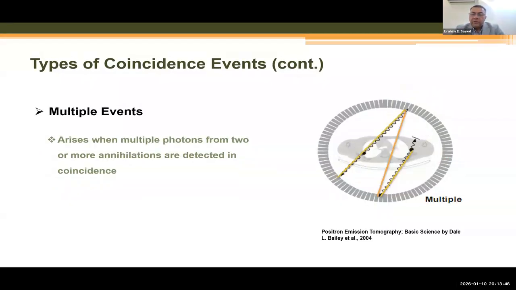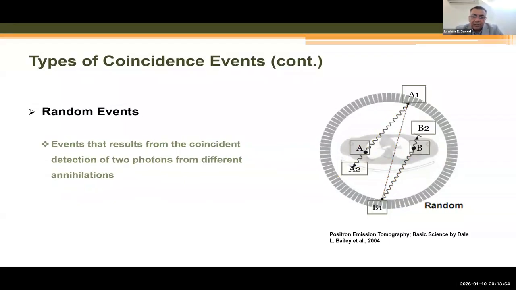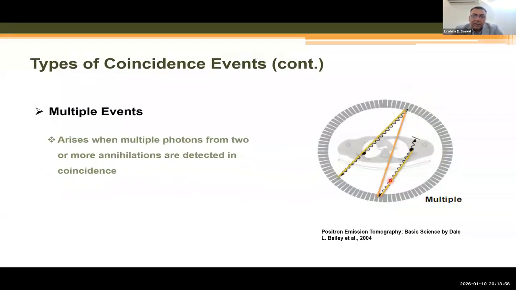The last type of event, which is very rare, is the multiple event. It is like the random event, if we can compare them like this, but here the PET detector will decide which photon to accept as a coincidence photon with the other, so which line of response to assign for this annihilation.